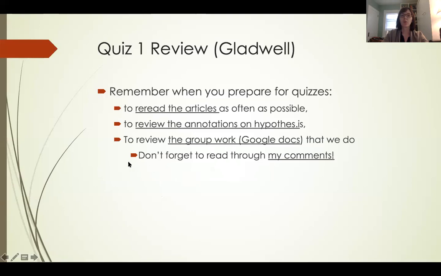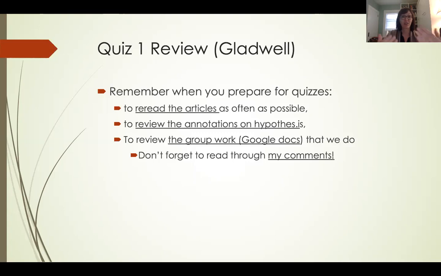Okay, so again, just to review, strategies for being able to perform as best as possible on the quizzes. So, as we've been emphasizing, rereading is a crucial part of understanding the text, right? So, again, on a first reading, we can expect ourselves to understand about 10% of that text.